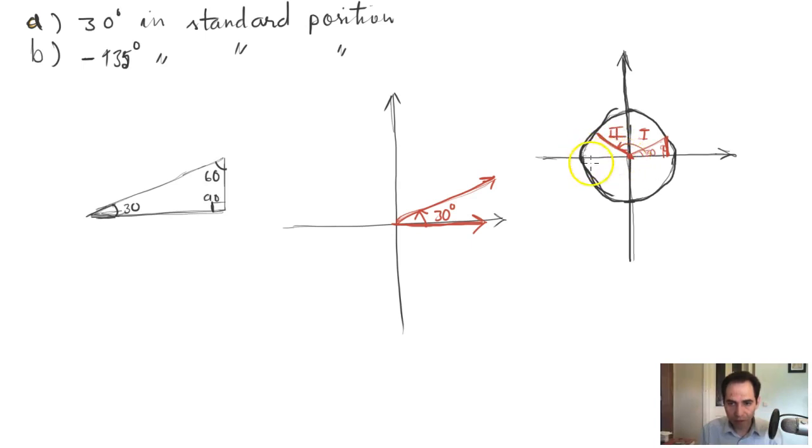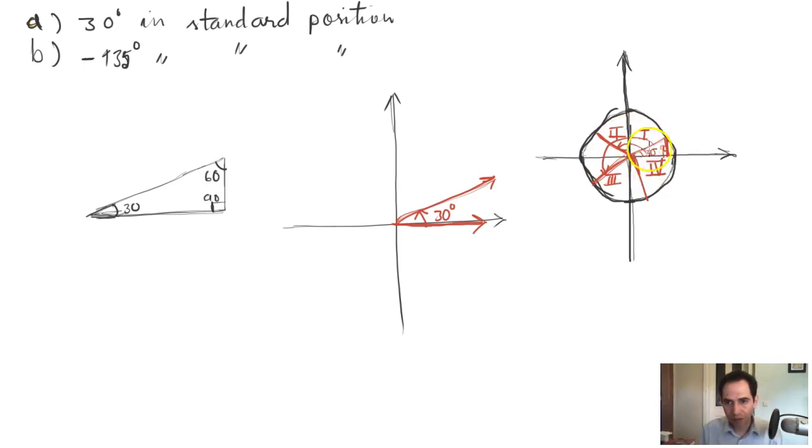If you have, I don't know, a 230-degree angle, it comes somewhere right here, and it falls in the third quadrant. And if you have a 280-degree angle, something like this, it falls in the fourth quadrant.